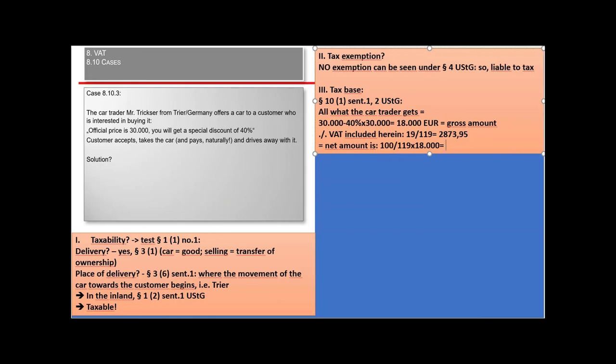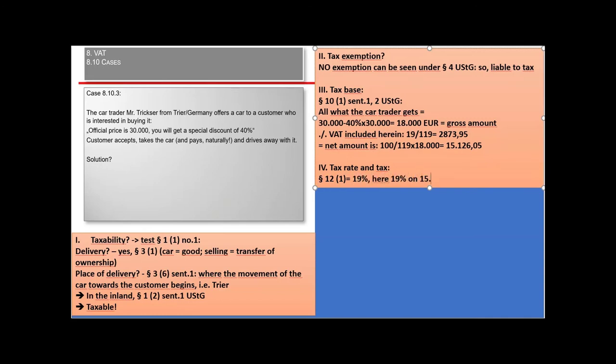And that will be 15,126.05. And if you add that up, it should match again and become 18,000 again. Tax rate and tax, well, 12.1, 19% here, 19% on 15,126. So that we have already calculated immediately before.